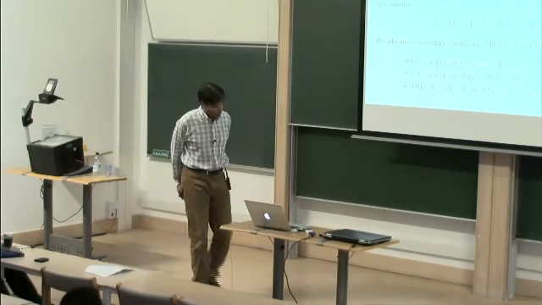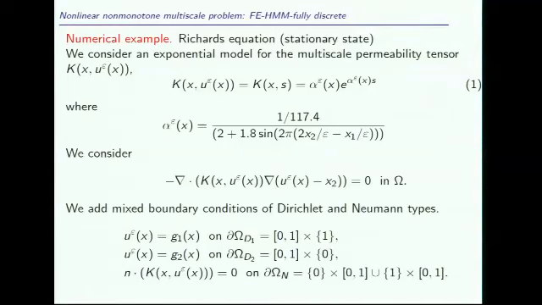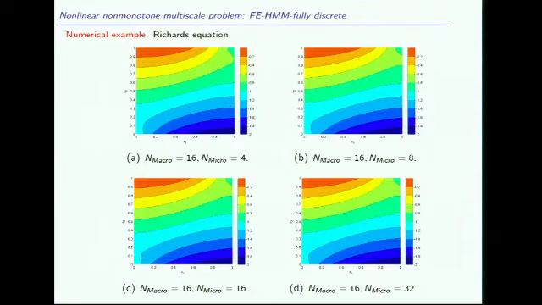I take now the same problem as before, the Richards equation, but now with an oscillating tensor. Okay, so I have a new epsilon which comes into play. And here I see what happens for the solution. That's the level curve here of the pressure. And we see here for n macro, the macroscopic degrees of freedom are fixed, and the microscopic degrees of freedom are increased.